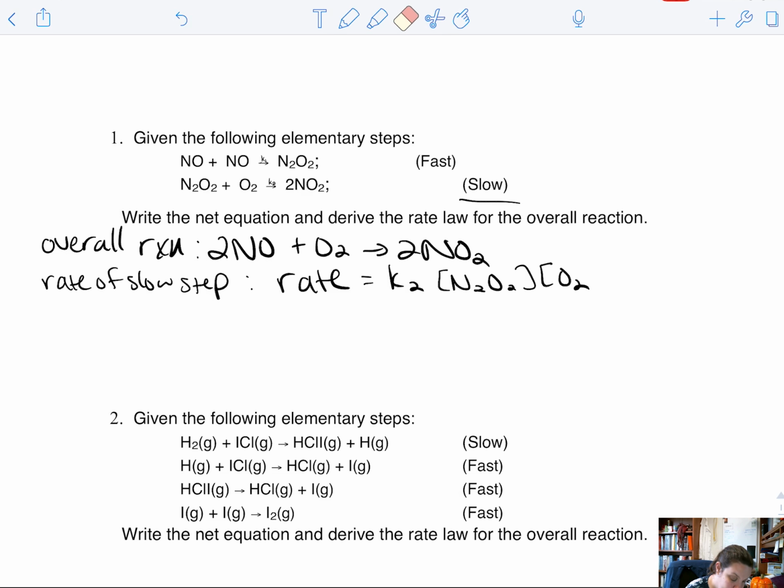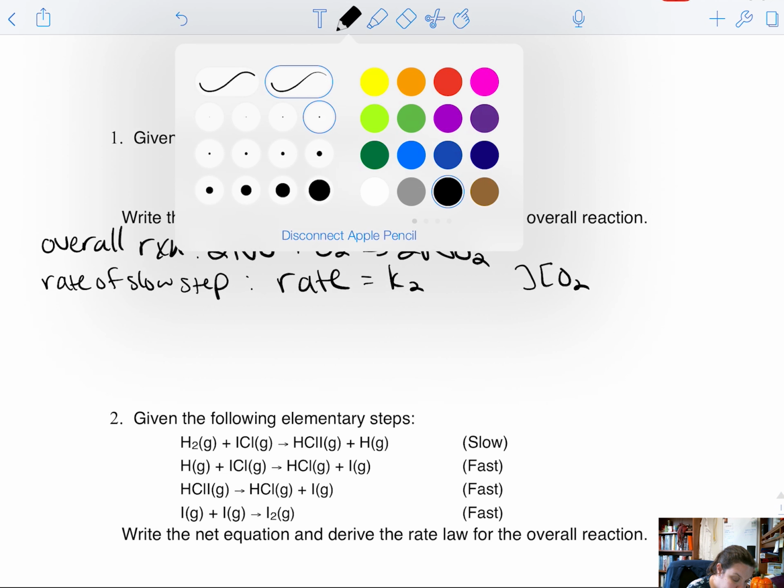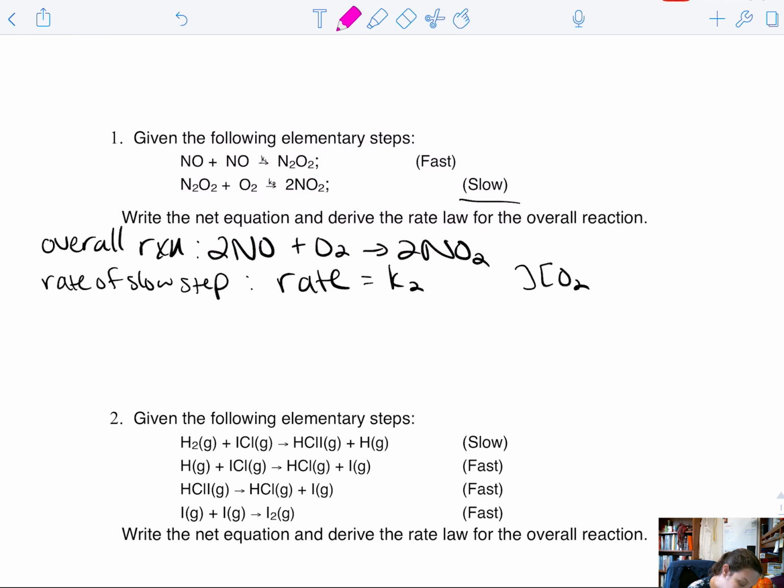Now, I'm going to rewrite this in a different color. This N2O2 needs to be replaced as it is an intermediate. So we can't write our rate in terms of intermediates. So we look at where it is produced. We use that equilibrium process to find out how to rewrite that.